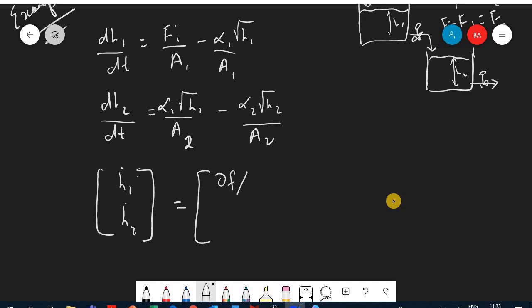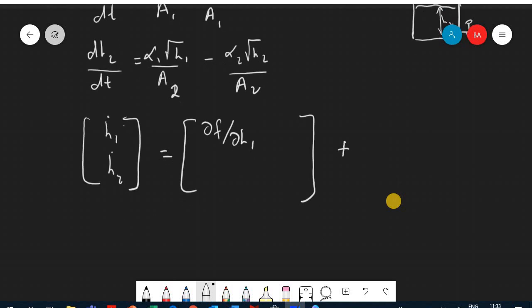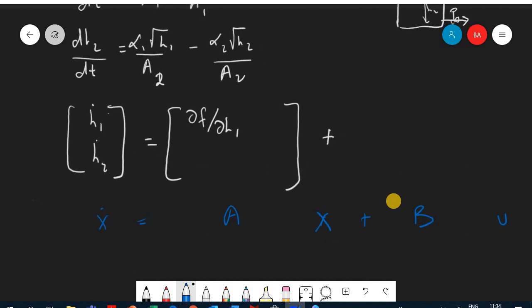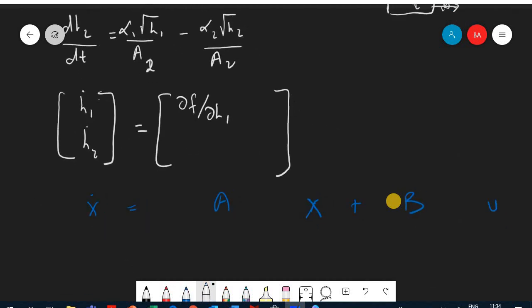It was df by dh1, and we have df by dfi, but df by dfi is an input, so we're going to keep this as part of the input. And what I'm trying to build here is x dot equal to A x plus B u, and u is the input.